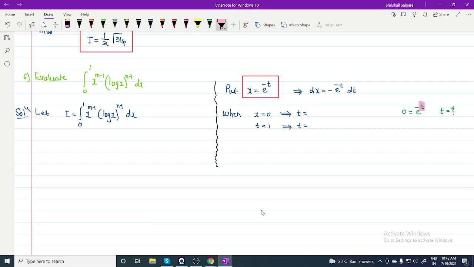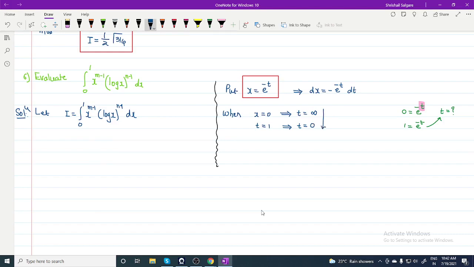Yesterday we have seen that. It is e to the power minus infinity is equal to 0. Now the second one: 1 is equal to e to the power minus t. Then what is t? Anything raised to the power 0 is 1. So the new limits of the integral are from infinity to 0.